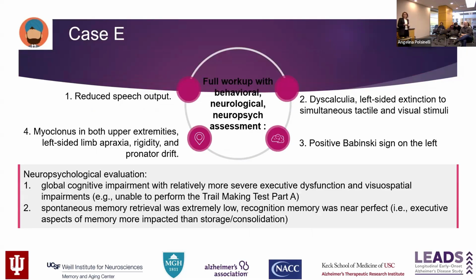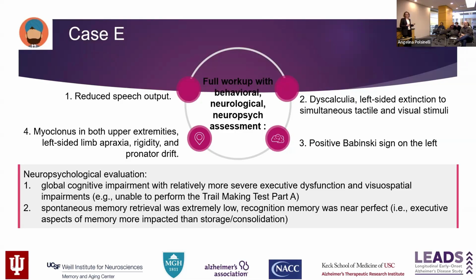In terms of his neurological and neuropsych assessment, he wasn't very spontaneous in his speech, so he didn't really speak unless spoken to. Myoclonus was present in both upper extremities, so that muscle jerking that was occurring. He had left-sided limb apraxia, rigidity, and pronator drift. So the limb apraxia being he couldn't make certain gestures like give the peace sign, salute, things like that.